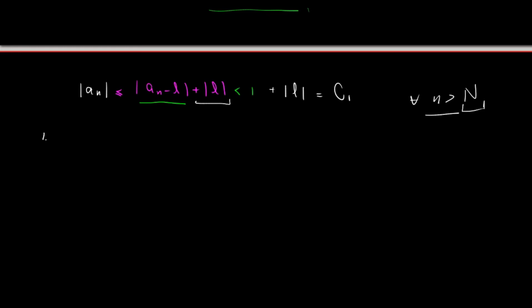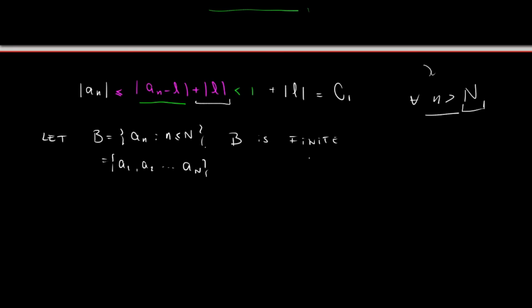So what we're going to do is create another set B. This set B is going to be formed by all the numbers in my sequence up to the number N. So all the numbers I'm not considering in this inequality. B is finite, because B equals a sub 1, a sub 2, and so on until we get a sub N. And as it is finite, then it's bounded.